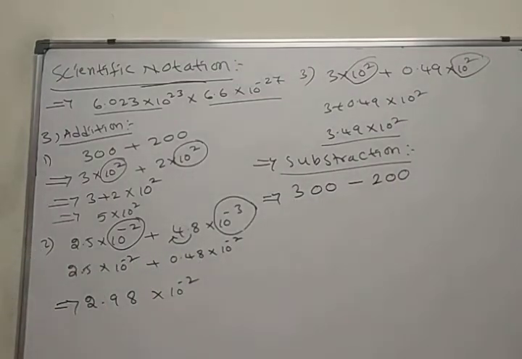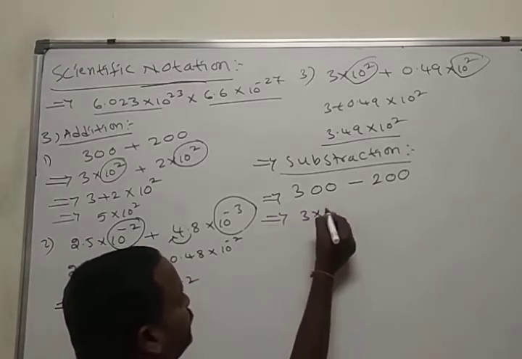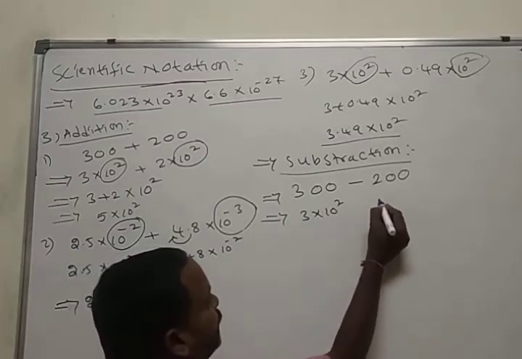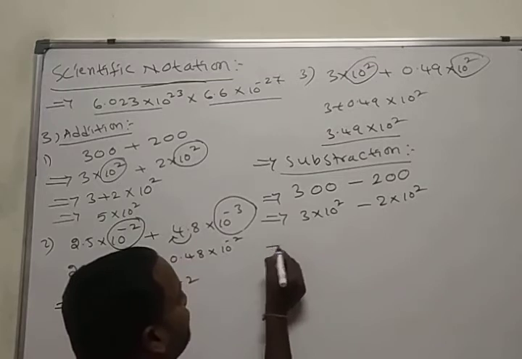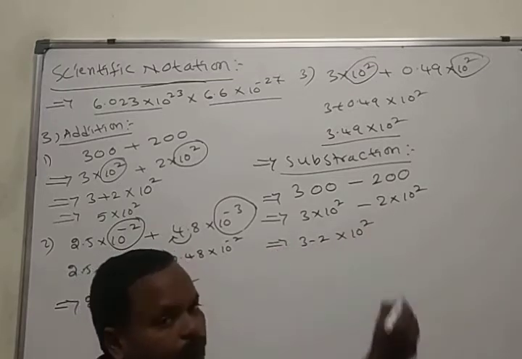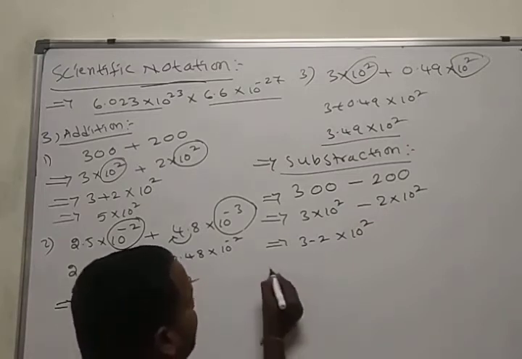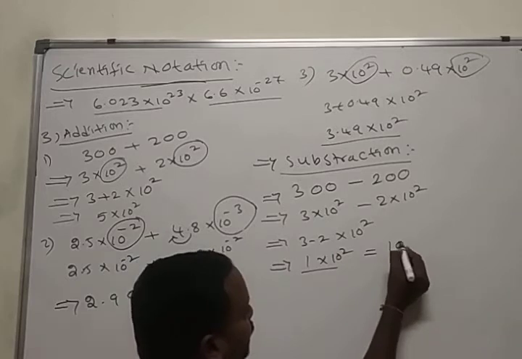Already we know about that one. Here we'll follow scientific notation form: 3 into 10 to the power of 2, and 2 into 10 to the power of 2. 3 minus 2 means 1 into 10 to the power of 2, which is equal to 100.